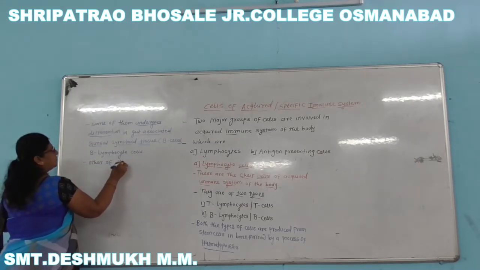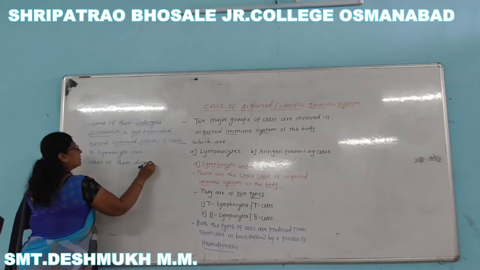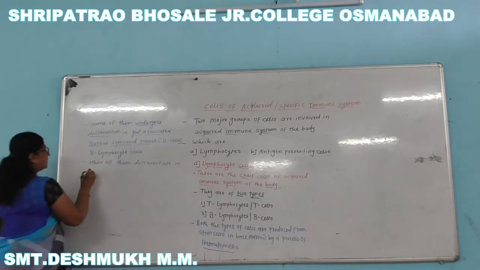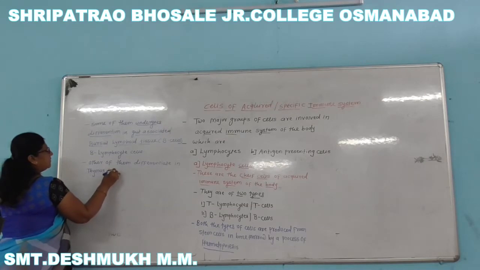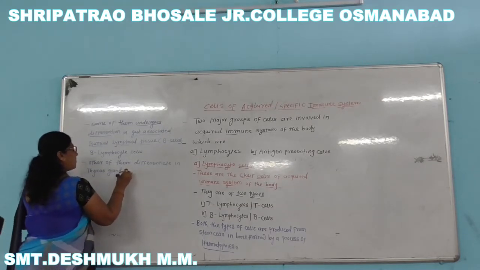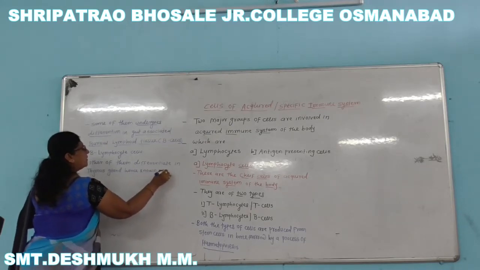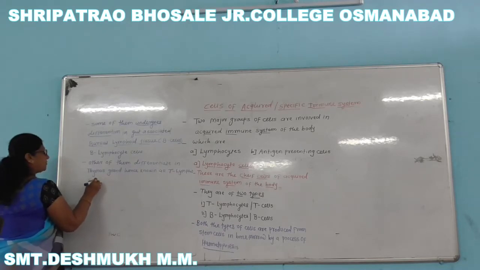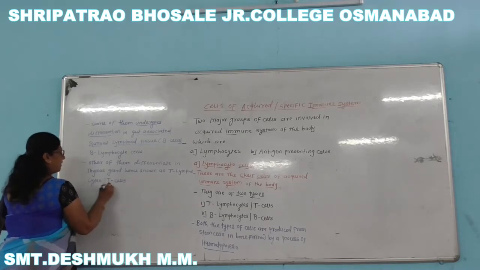Others of them differentiate in the thymus gland, hence known as T lymphocytes or T cells.